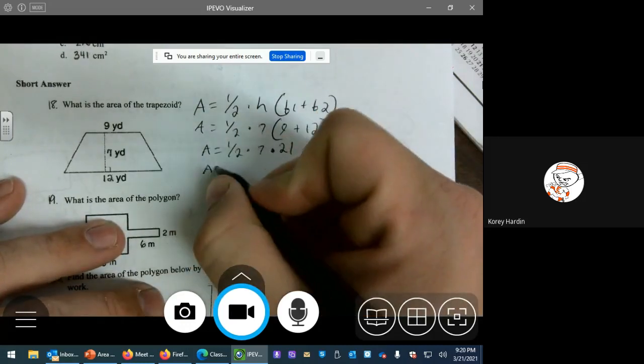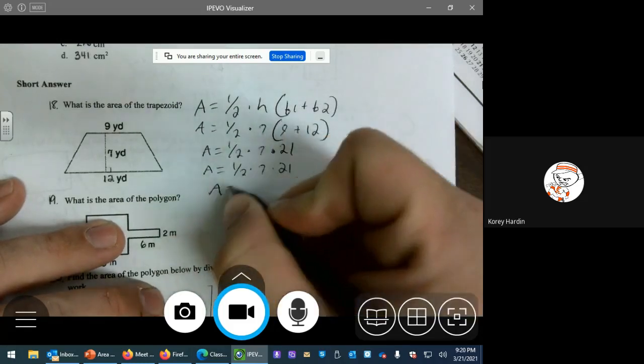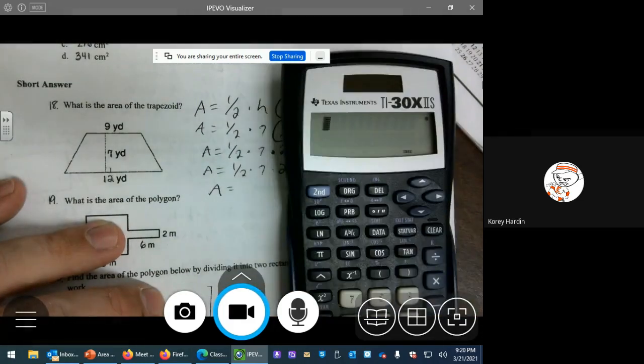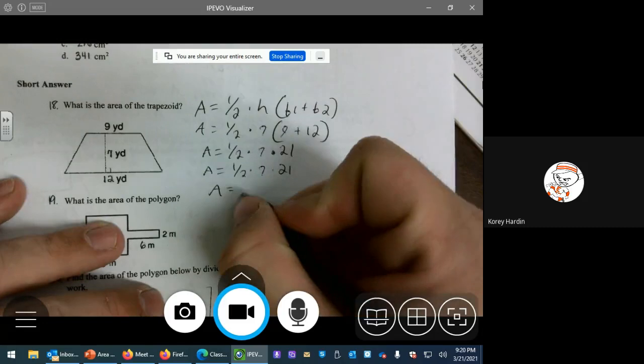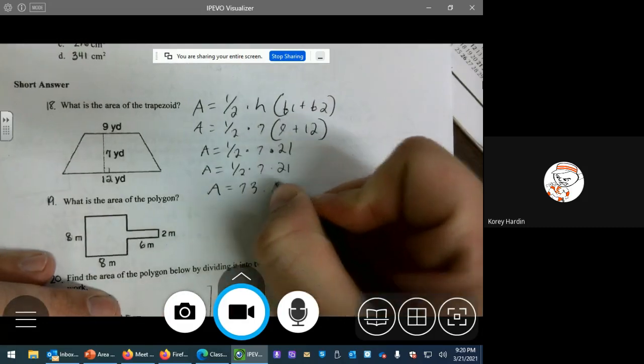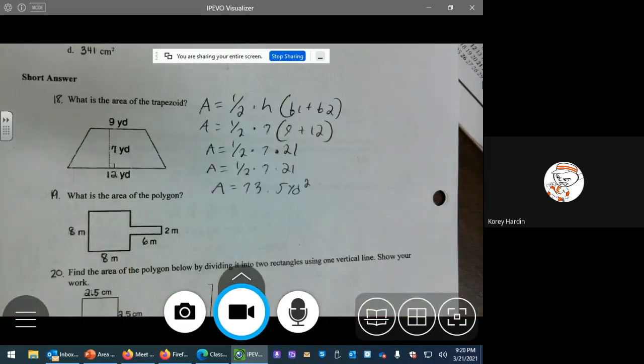And then I've got area equals half of 7 and 21. I don't know why I just wrote that again, but here we go. 0.5 times 7 times 21 is 73.5 yards squared.